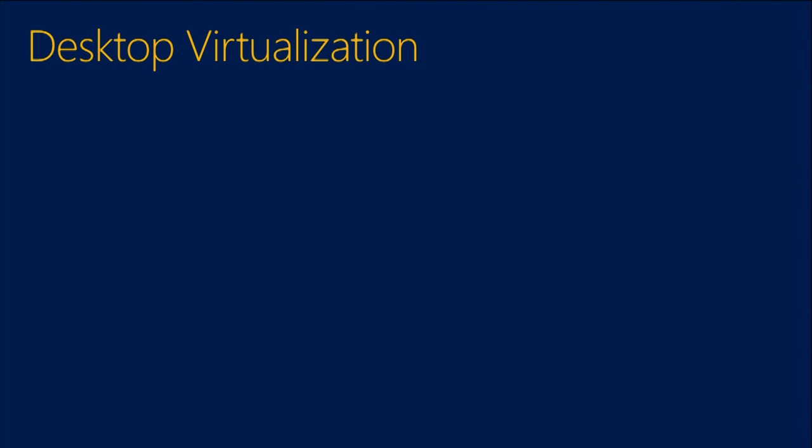Now, as far as our back-end hypervisor, if you want a pure Microsoft stack, that's fine. If you want a pure Microsoft stack that is Hyper-V, that leverages RDS and uses the RDS connection broker and leverages remote app for publishing out to these end users, that's fine.